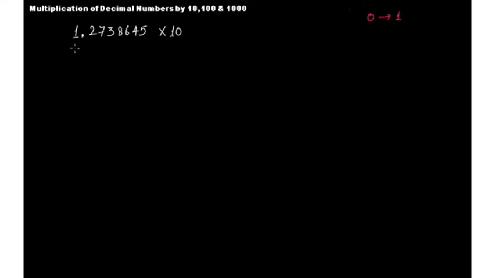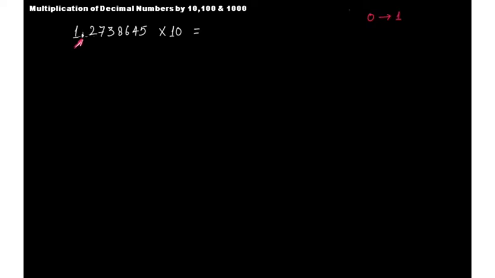And our decimal point is here in this number. So the way you will do this is that we have 1 zero in 10, so you will move this decimal point one time towards the right, only one time, and place it after that digit.